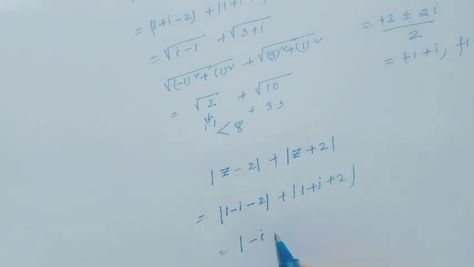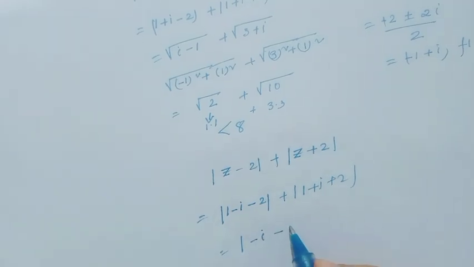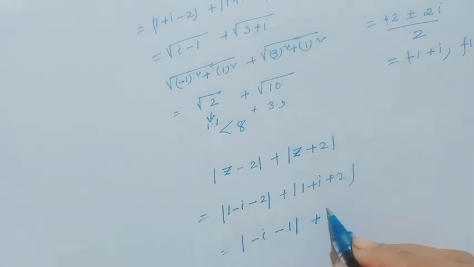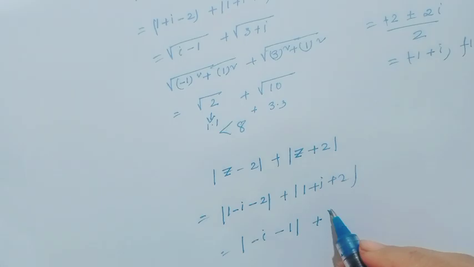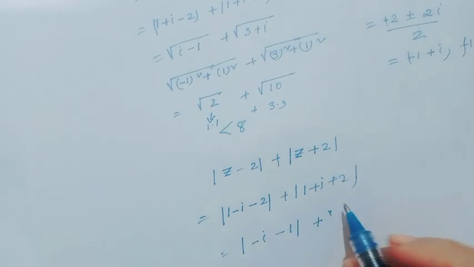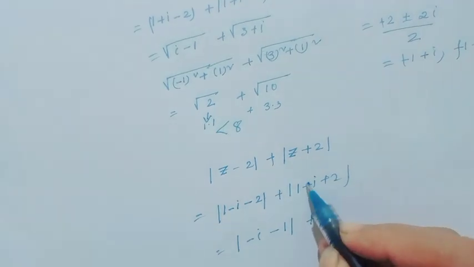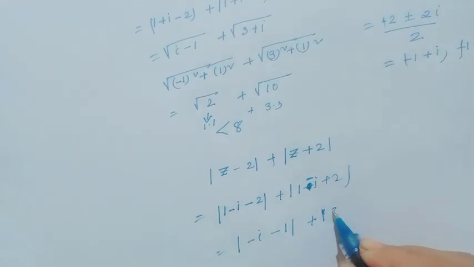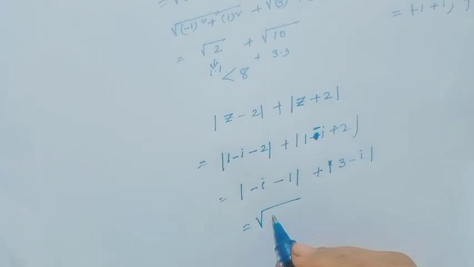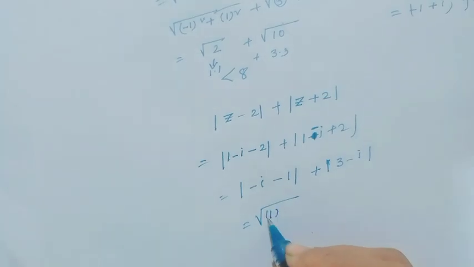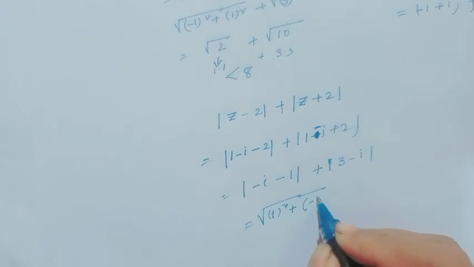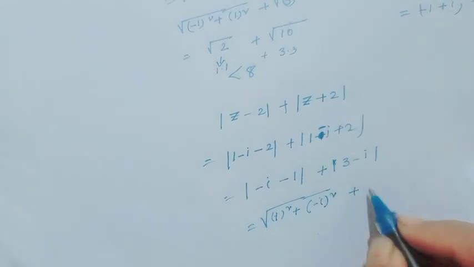|-1 - i| + |3 - i|. So this value is square root of (1 squared + (-1) squared) plus square root of (3 squared + (-1) squared).